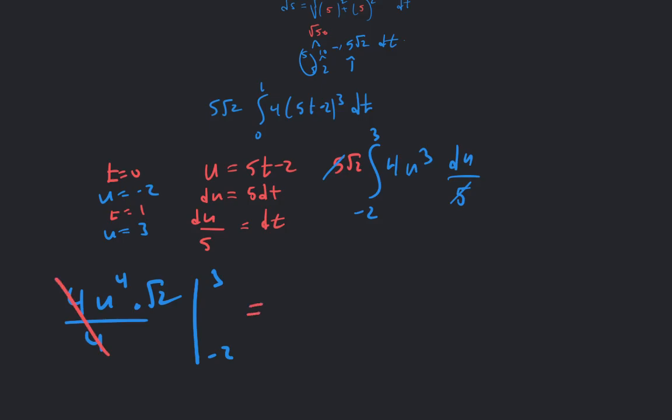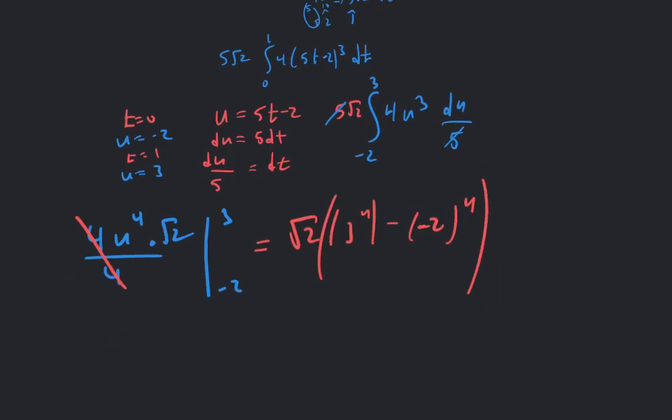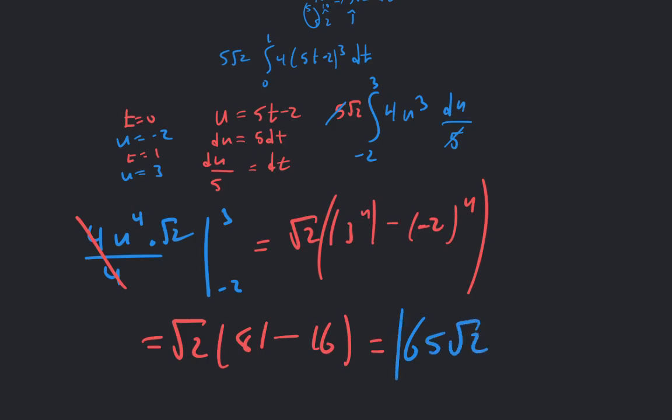We have root 2 times 3 to the 4th minus negative 2 to the 4th. This will be root 2 times 81 minus 16, or we have 65 root 2, which is the entire line integral.